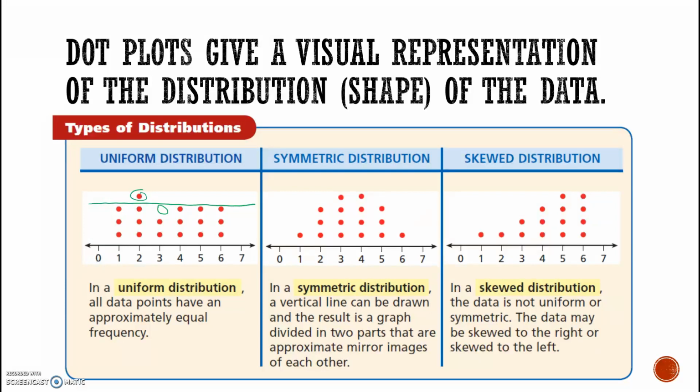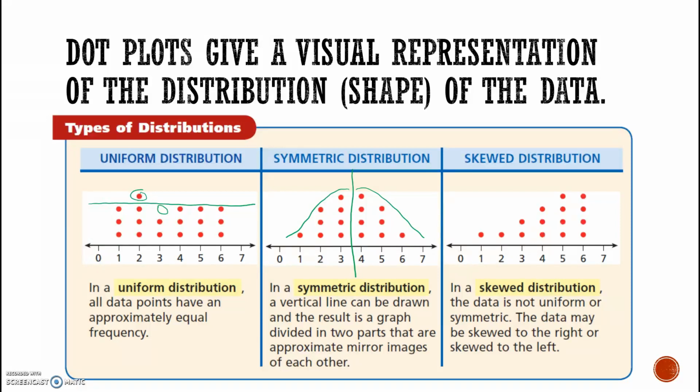The second distribution we're going to talk about is a symmetric distribution. And this is, I could draw a vertical line down the center, and both sides will look about the same. Now again, it might not be exact, but if you get that nice bell curve, that's a good indication that you have a symmetric distribution.